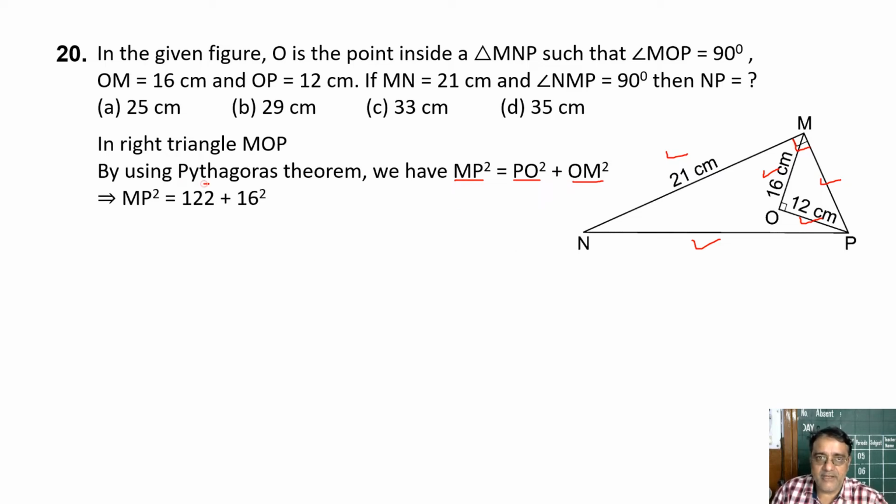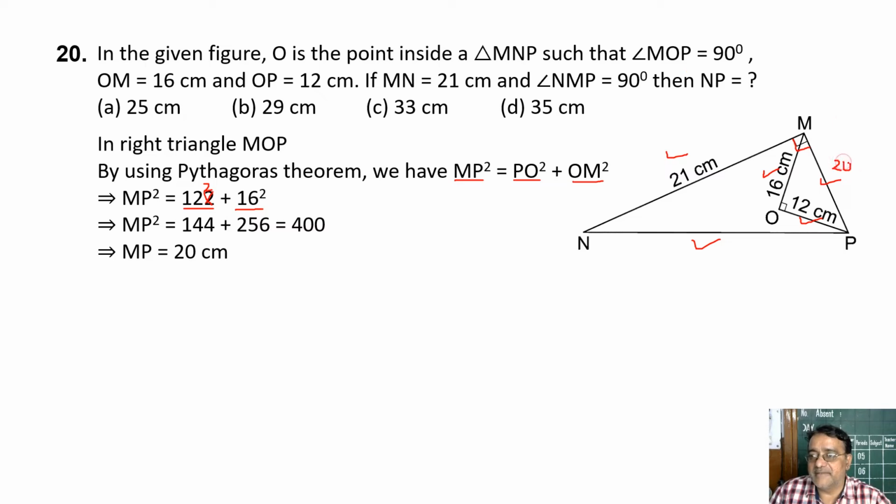So 12 square plus 16 square. So this will become 144 and this will become 256. 144 plus 256 हो जाएगा 400. Square root 20, right? So now we got MP as 20 centimeter.